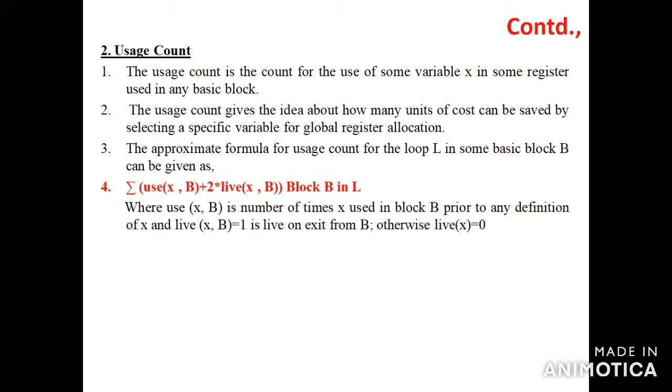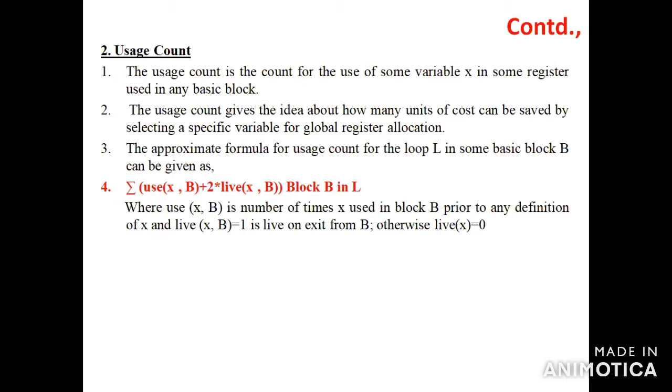So the usage count gives the idea of how many units of cost can be saved by selecting the specific variable for global register allocation. In global register allocation, for each block we have some set of statements. At the end of each block, you are specifying some live variable. So in that block, you are specifying a fixed register for that variable. Okay, it's correct.